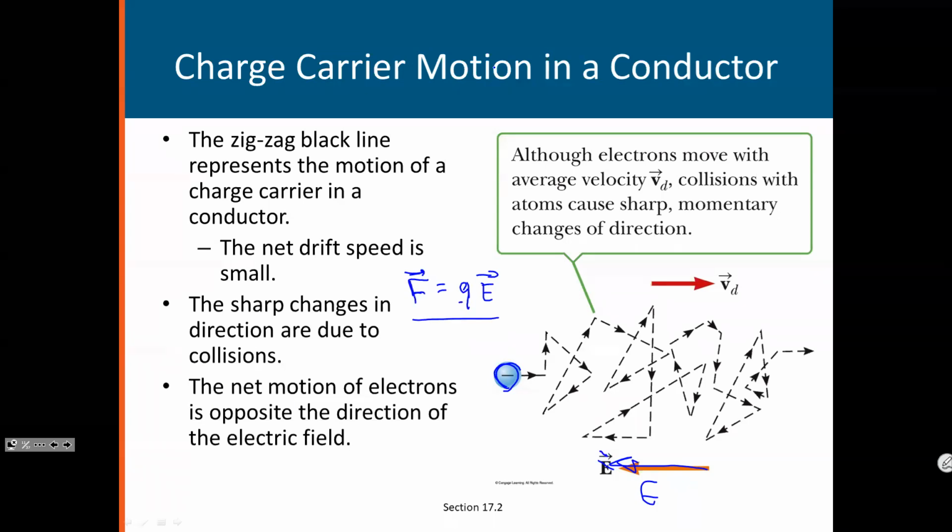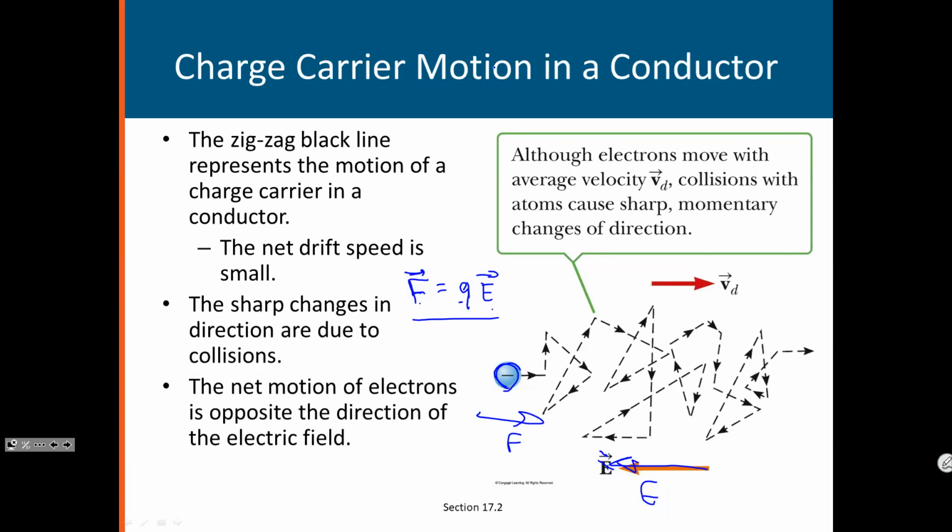So if Q is negative, the force will be in the opposite direction to the electric field. Q you should substitute with the sign. The negative sign will flip the direction of the force. So now let's say we have an electric field to the left. The electron will experience a force to the right. So it tries to move the electron on average to the right.